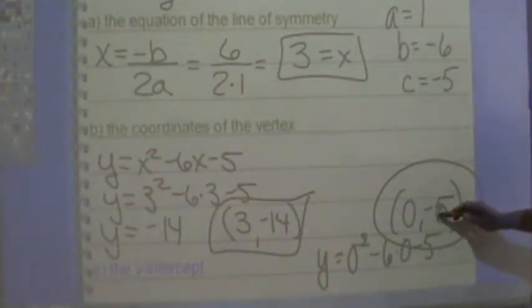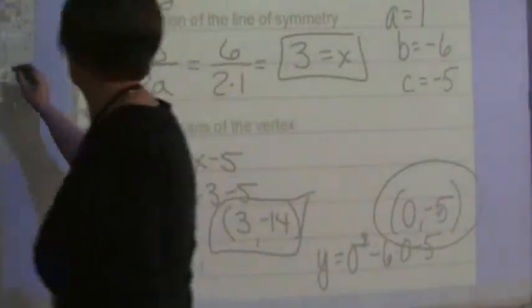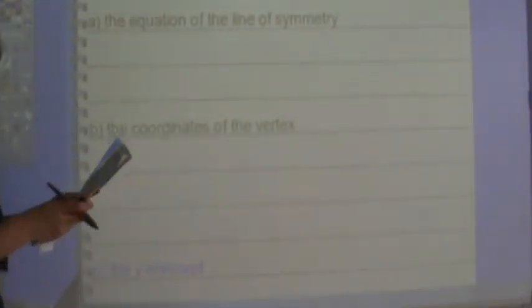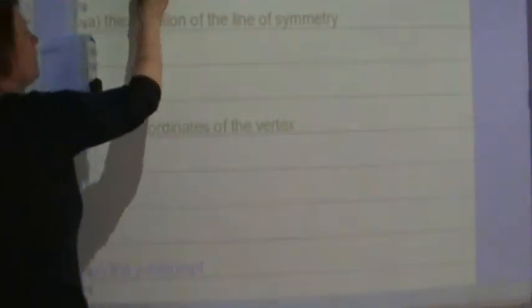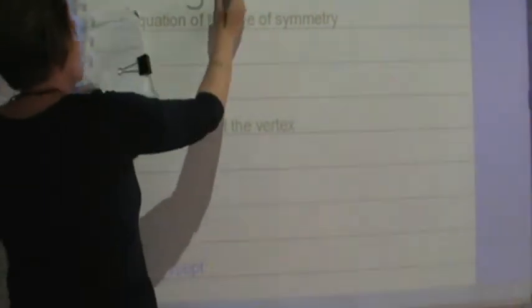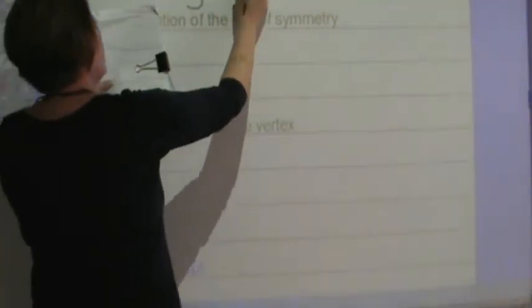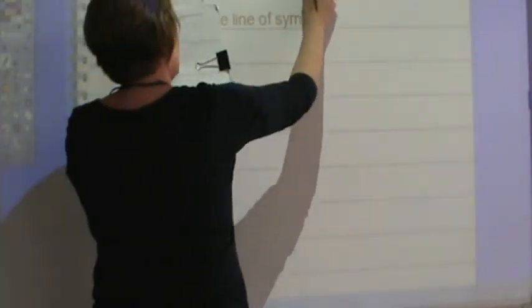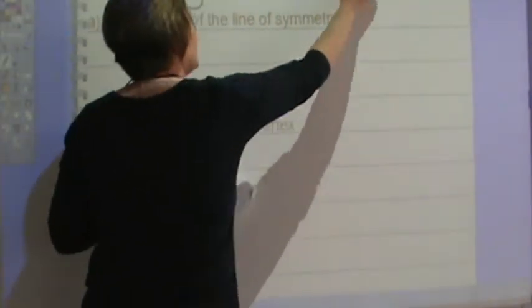Let's try one that's a little more difficult, and we'll end with that one. Let's try one with a coefficient in front, number 32: y equals negative 3x squared minus 18x minus 5. This one is going to give us slightly different answers.